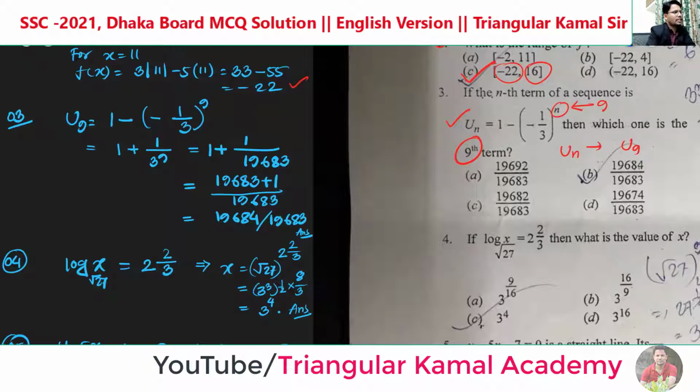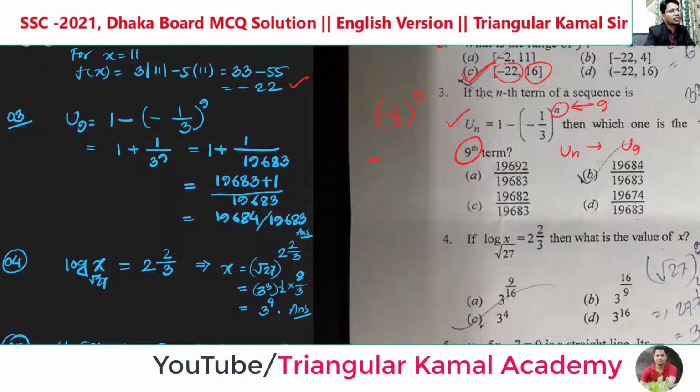We have -1 and 1/3 whole to the power 9. Here we see (-1/3) whole to the power 9. This power is an odd number, so including the minus, the overall result will be minus. When the power is an even number, then the negative number will always become positive.